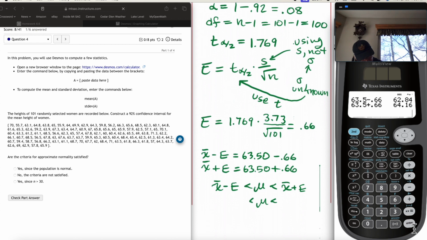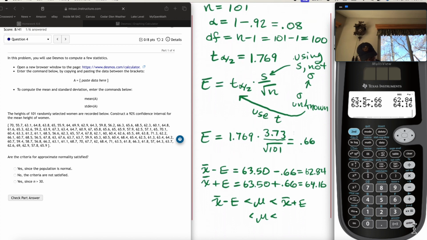Okay, so 62.84 for the lower limit, and the upper limit was 64.16. And I'll put those into my little confidence interval down here at the bottom: 62.84 and 64.16.